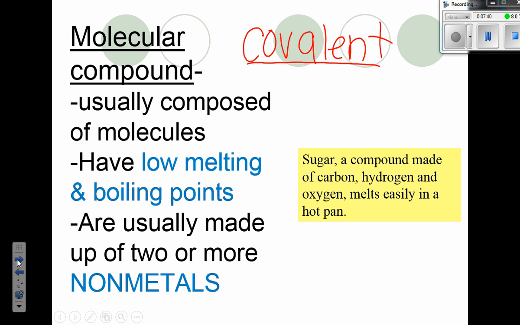A molecular compound is usually composed of two or more molecules, has relatively low melting and boiling points, and is usually made up of nonmetals. Sugar is an example, made up of carbon, hydrogen, and oxygen, all nonmetals.